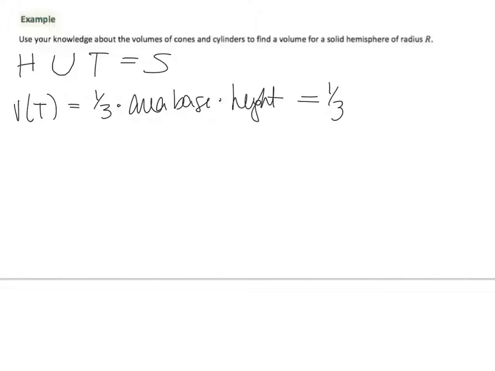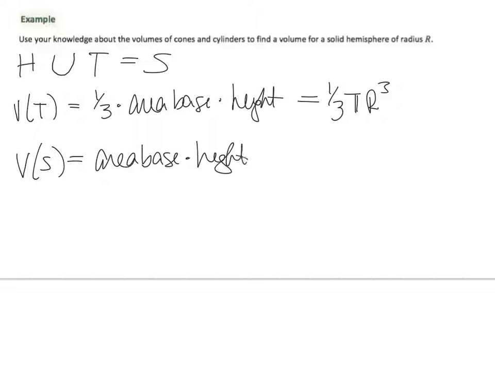The area of the base was pi r squared, and the height was r, so pi r cubed. The volume of the cylinder is area of the base times the height. That's just plain old pi r squared times r. So pi r cubed.